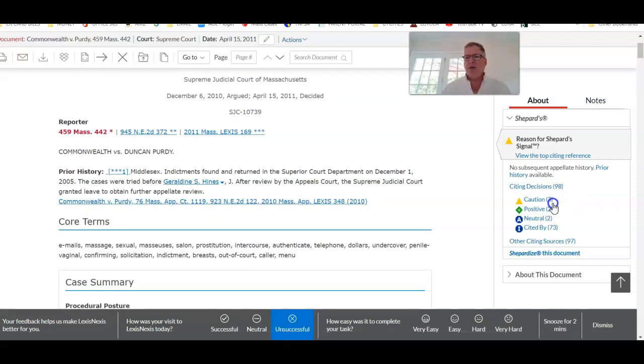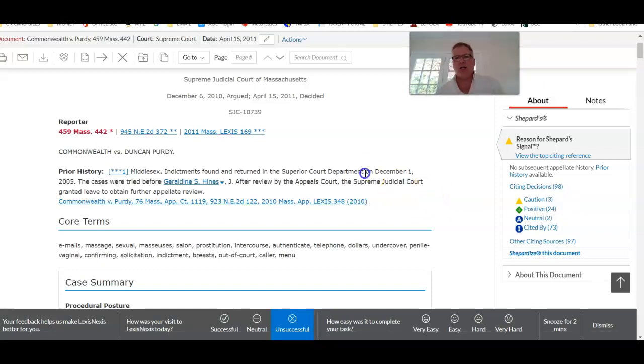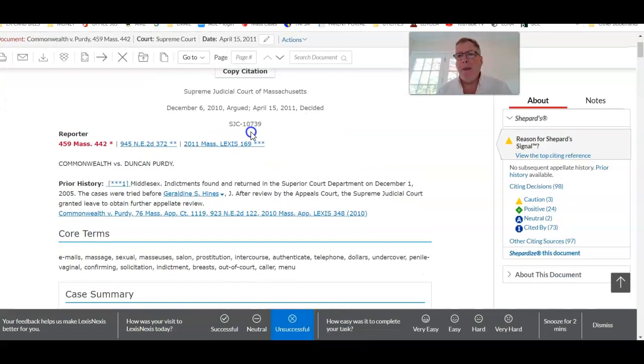Out of those 98, there's a caution sign for 3 of them. What does caution mean? It means we should probably read those cases, because caution sometimes means that the analysis of another case may call into question the validity of this particular case, this Purdy case. Most of the time, caution does not hurt us.